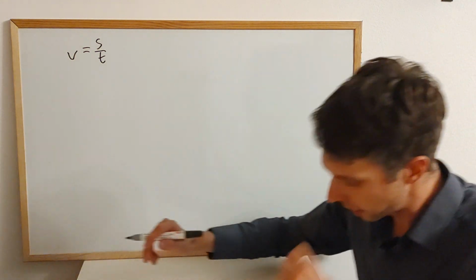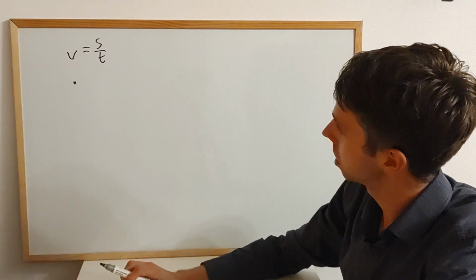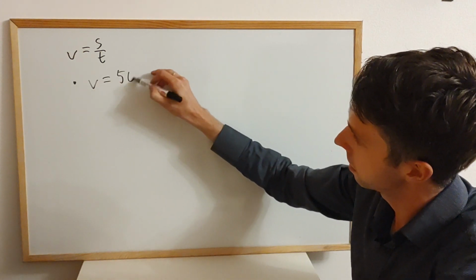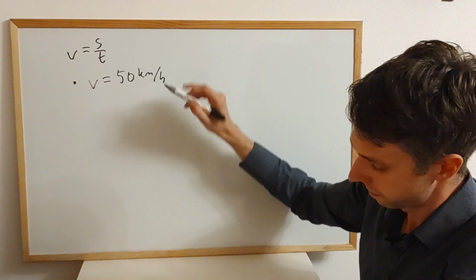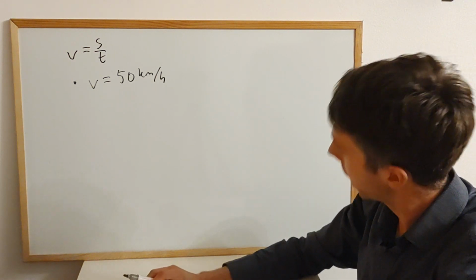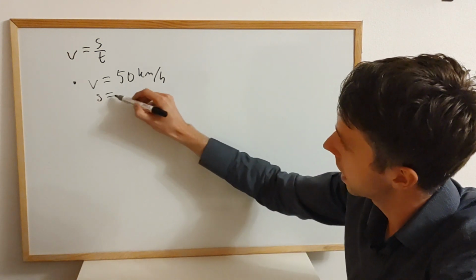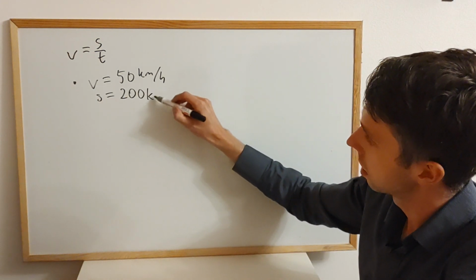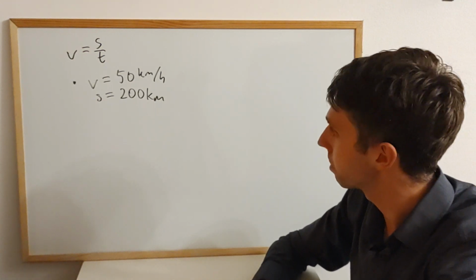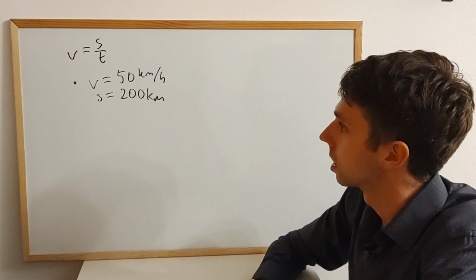Okay, another example. Suppose you are driving again 50 kilometers per hour. Now the question is how much time it will take you to drive the distance of 200 kilometers. And the answer is pretty simple. You feel that the answer is 4 hours.